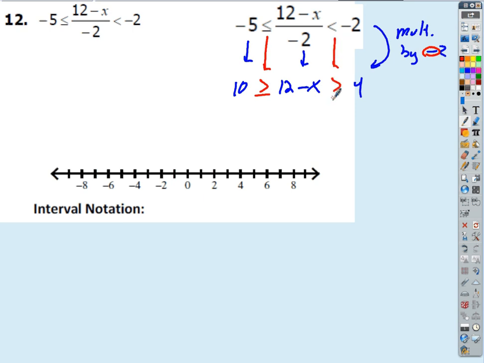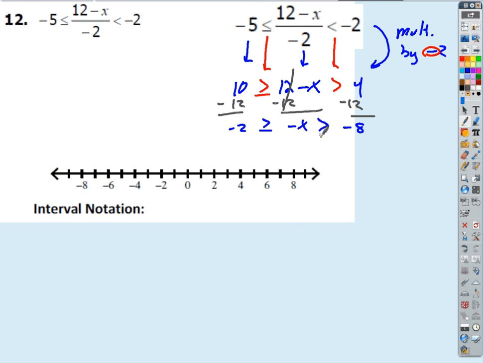We'll keep going. Now what? Subtract 12. -2, -x, -8. No flipping that time, right?